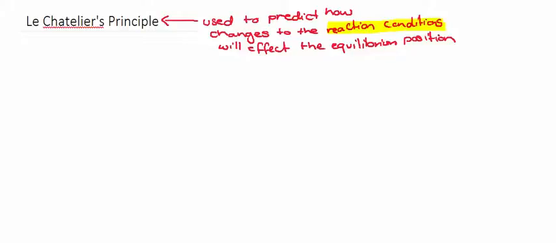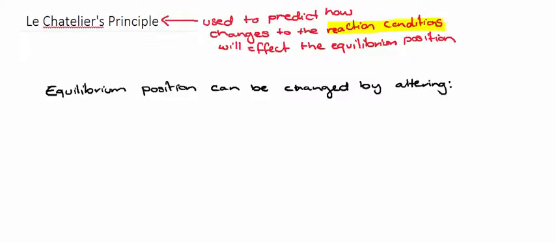Now there's several ways in which the position of equilibrium can be altered. Some changes will push the position of equilibrium to the right, while others will shift the equilibrium position to the left. So if we are wanting to increase the yield of the product, we're trying to push the equilibrium position to the right.